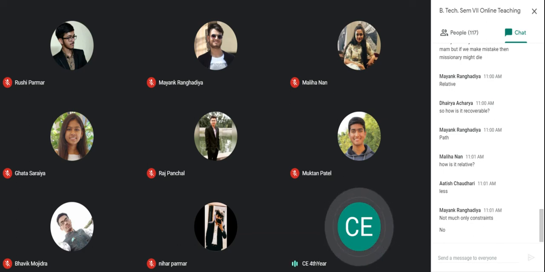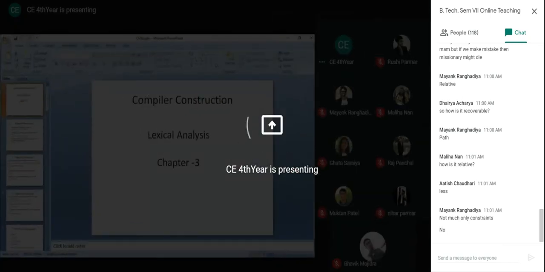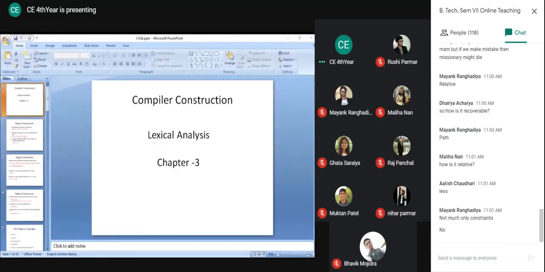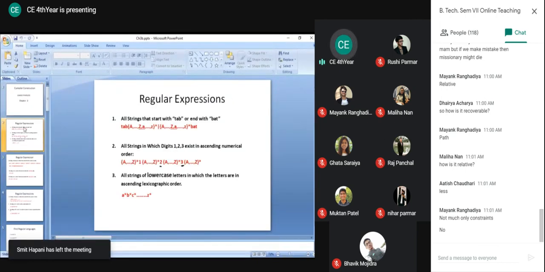So now in this session, we'll continue from that point. I hope this is visible to you. So let us continue with this example, which we considered at the end of the last session.